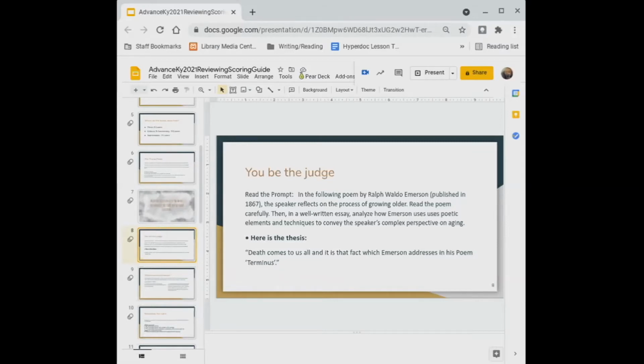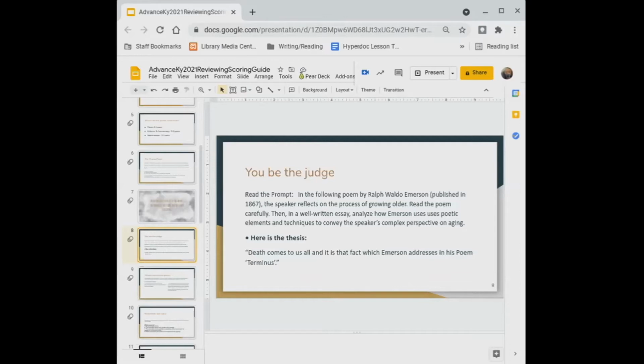Okay, I'm seeing lots of no's, which is awesome. No point. Who can say why? What's wrong with it? They didn't say what was complex. It doesn't make a claim. It's basically an attention grabber.